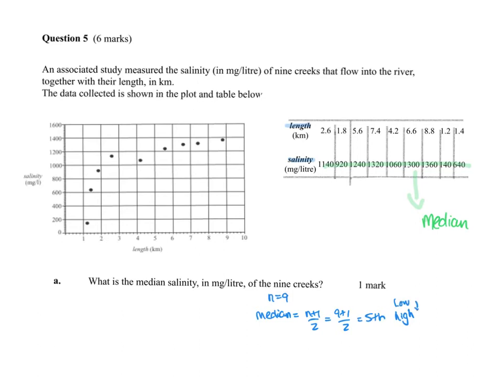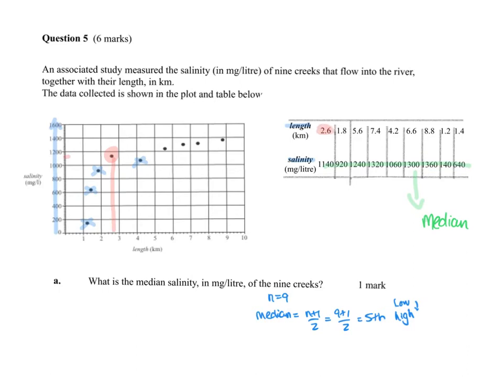So all you can do is move up the salinity starting at the bottom until you get to the 5th highest one. So obviously this is the lowest, 1, 2, 3, then this one, 4, and this guy is 5. If you measure off here, this is at a length of 2.6.